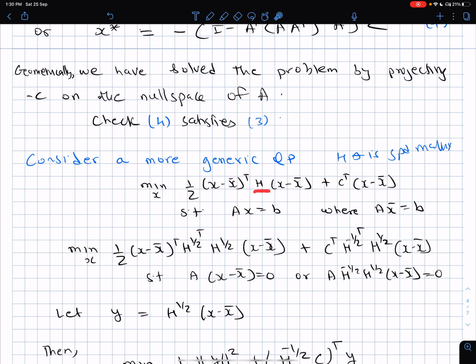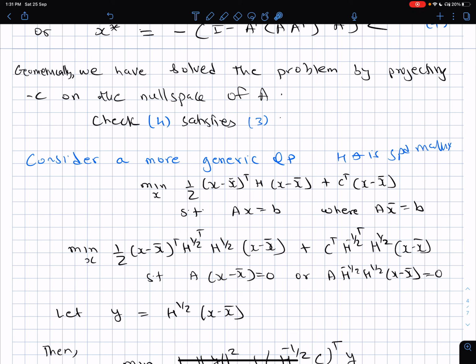you can actually write H as a product of the square root of its own matrix, H to the power half times H to the power half. Using that idea that there is a square root possible of a positive definite symmetric matrix, I am going to write this H as H to the power half times H to the power half, and introduce here H to the power half times H to the power minus half times H to the power half.